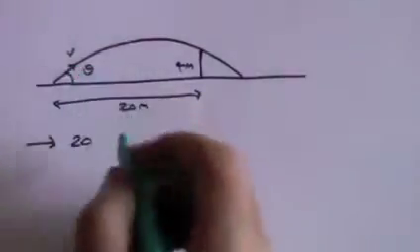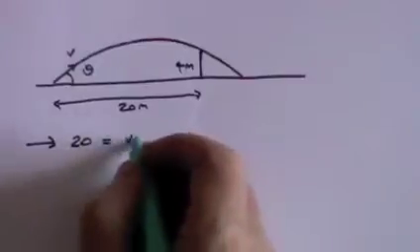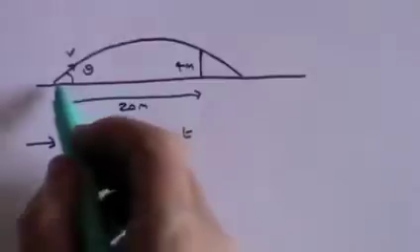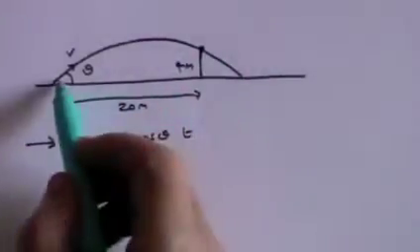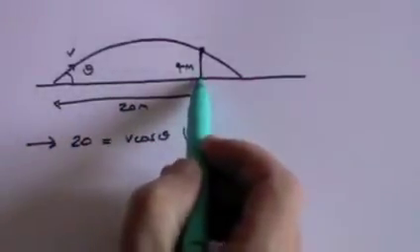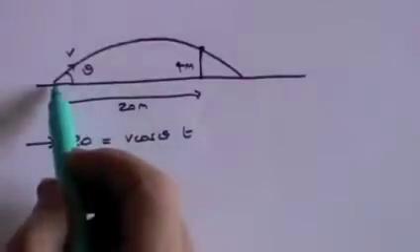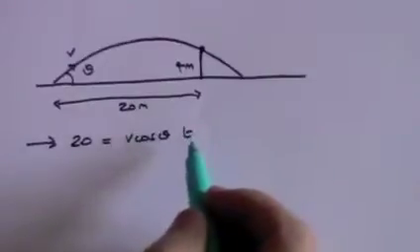The velocity is the horizontal component, and remember that's v cosine theta, times the time it takes for the ball to get to that point, which is, for the purposes of horizontal movement, when we get to here. So 20 is v cosine theta times the time.